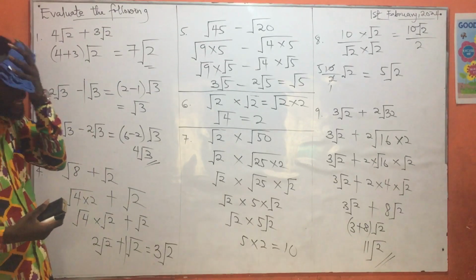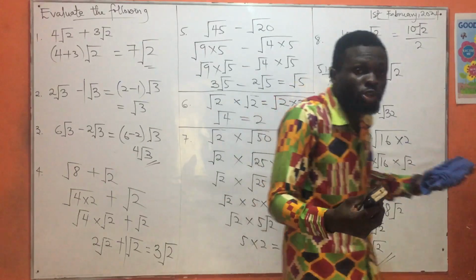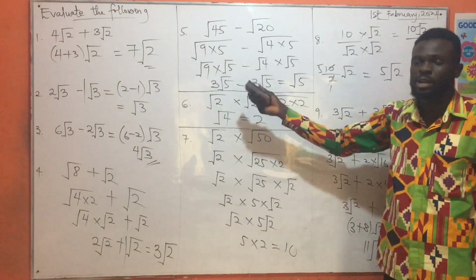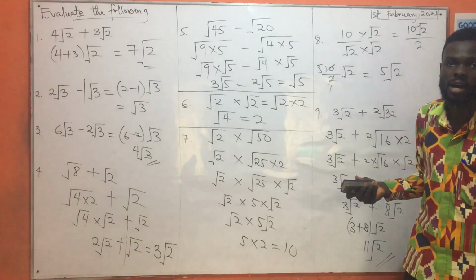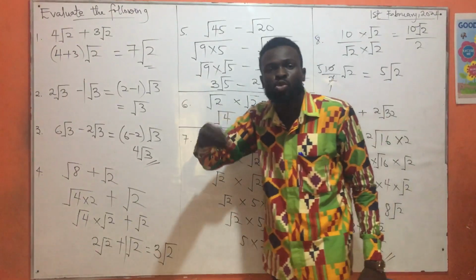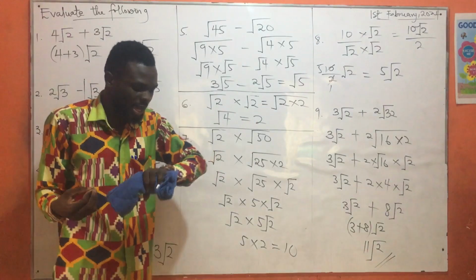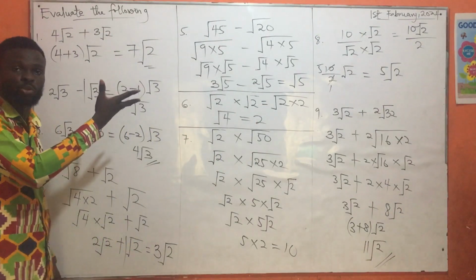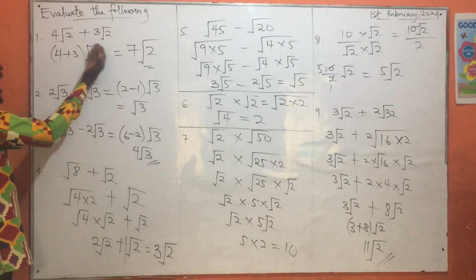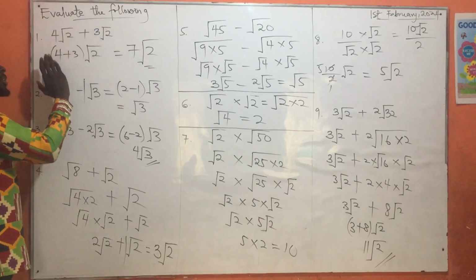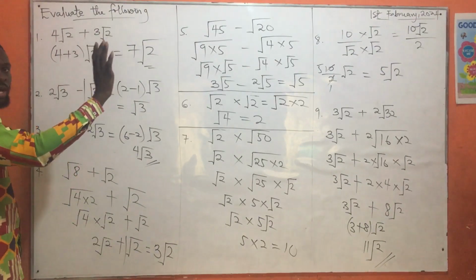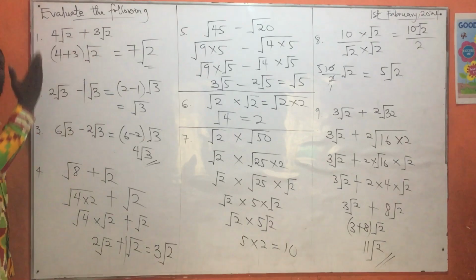So please, please, this is a new topic which has been introduced in Basic 9, and we will meet it in our final year examination. So all we need to do is to know the rules and the identities associated with this topic, and know that when you are adding, it is possible to add only if the surds are equal.